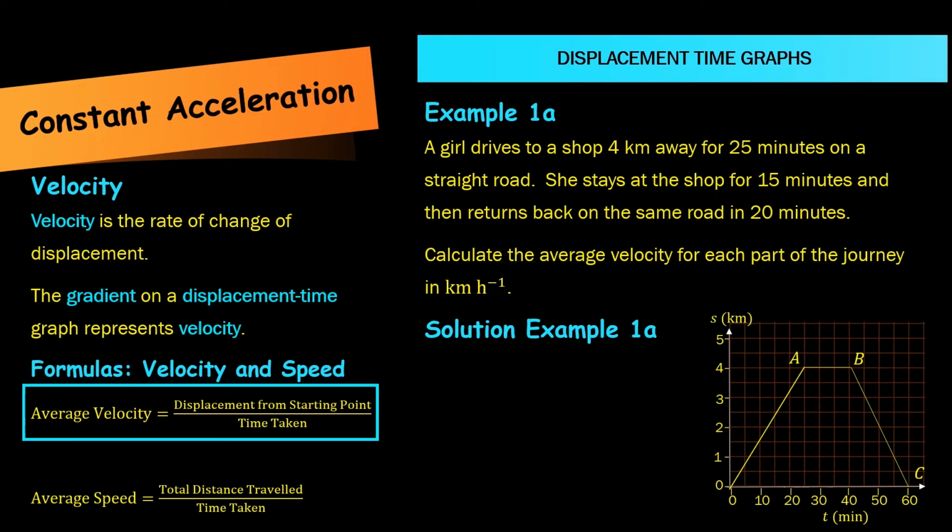We are required to calculate the average velocity for each part of the journey in kilometers per hour. So from O to A, we have that the velocity is equal to 4, which is the displacement in the positive direction, divided by the time taken, which is 25 minutes.